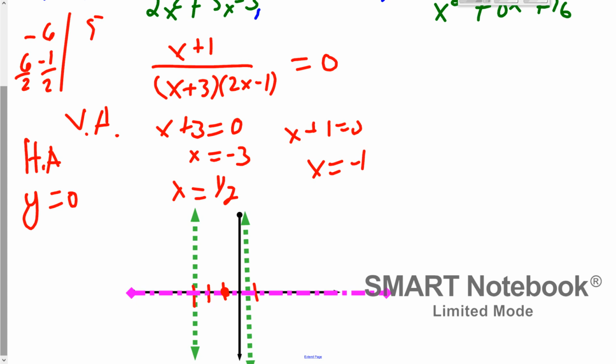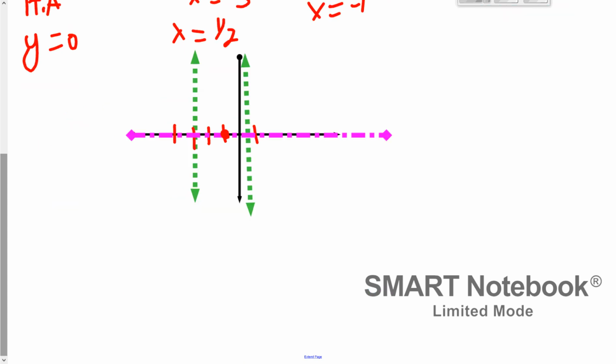Okay, so now we can go ahead and plug in some points. We found one right there. And then we're going to plug in some more points. We can plug in, say, -4 and +1, and see what happens. So let's plug in a +1 into this equation. So 1 plus 1 over 1 minus 3, or is that +3?